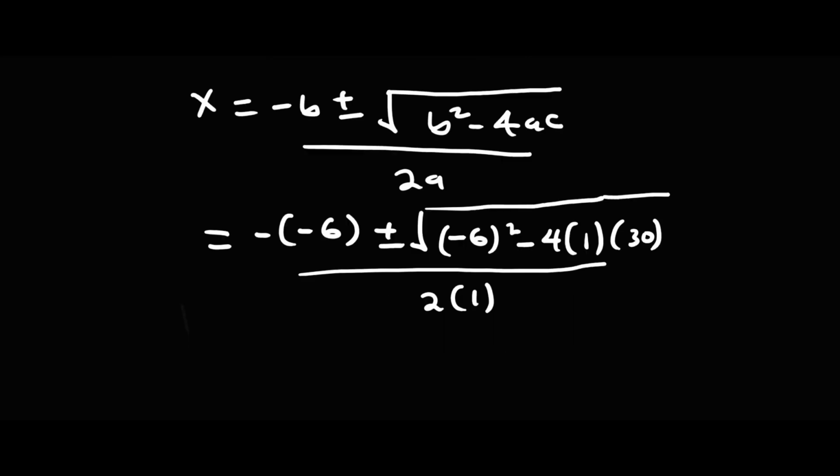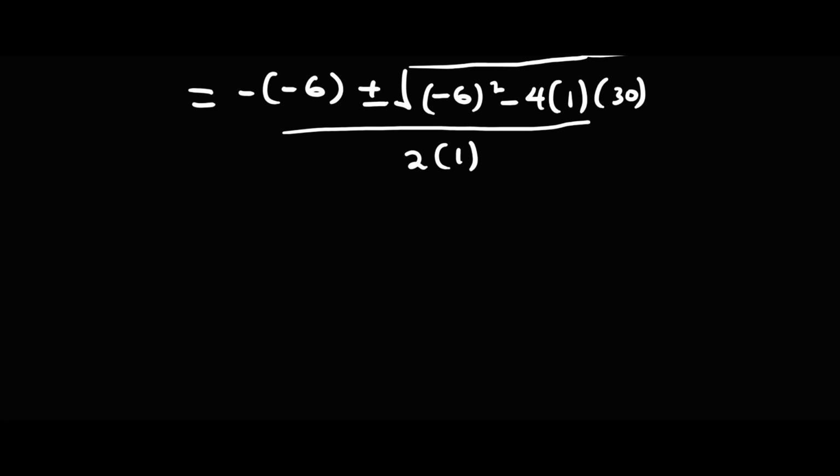So let us again simplify this. So we're going to have minus minus is positive, so 6 plus or minus, under the root you have minus 6 squared, which is 36. So 36 minus 4 times 1 times 30, which is 120.